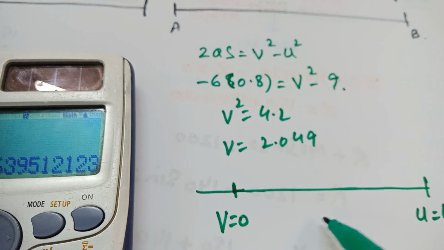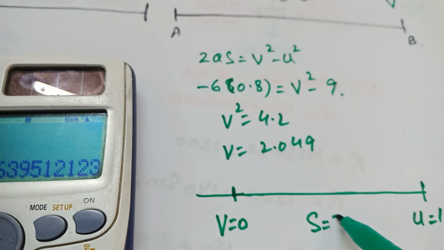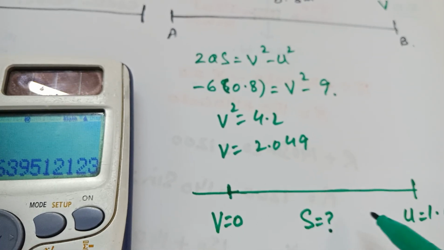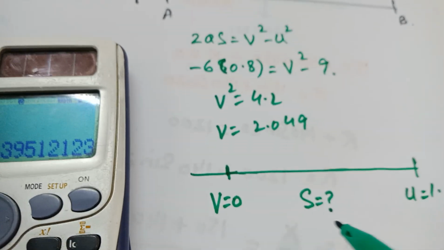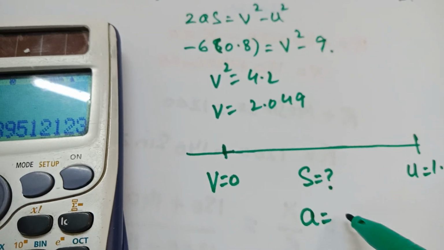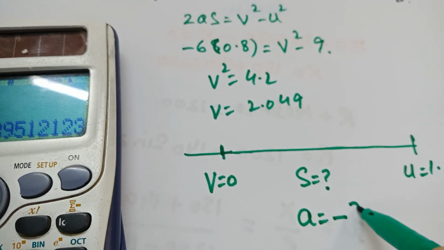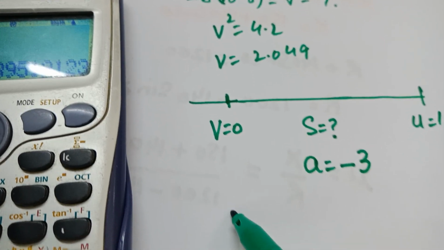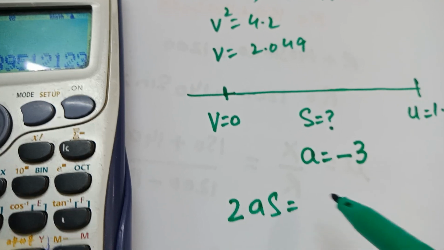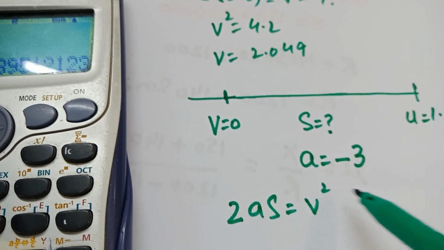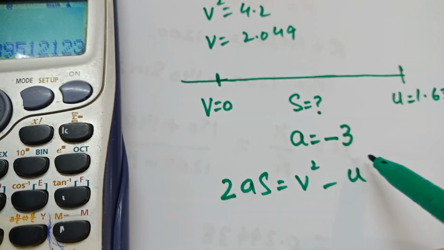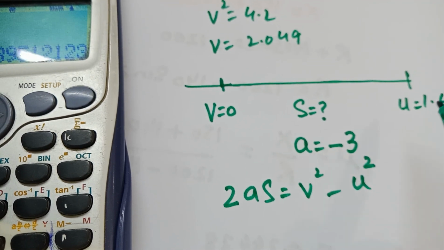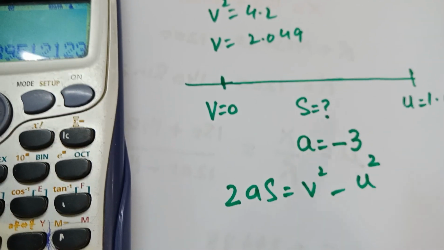We have to find how much distance it covers before it stops. Again the acceleration is going to be the same because the ball is the same and the surface is the same. So guys, we will apply the equation 2as equals v squared, which is going to be 0, minus u squared. So you must be able to get the distance that it covers before it stops.